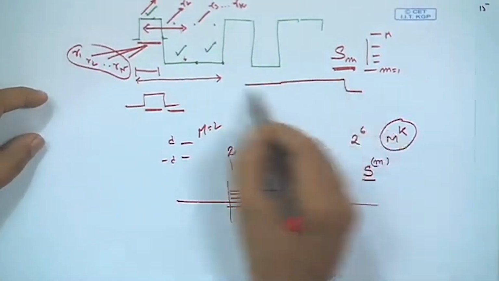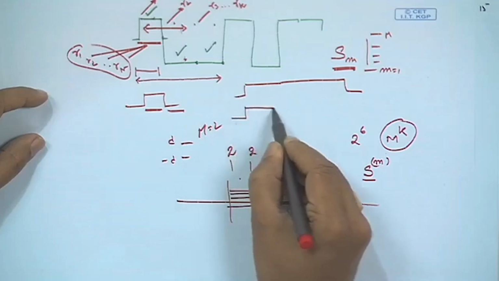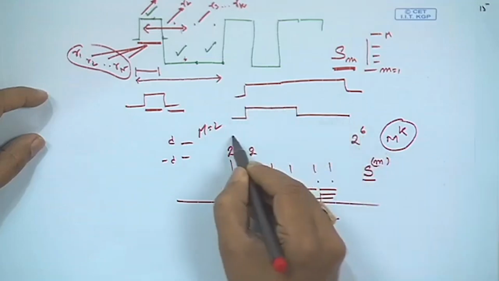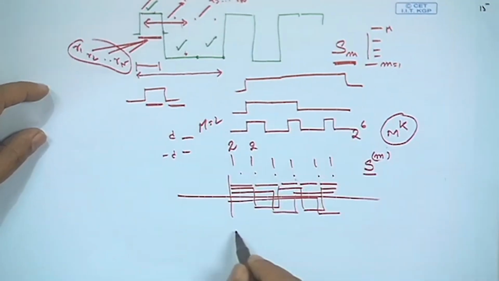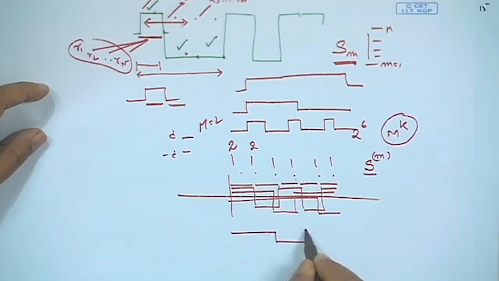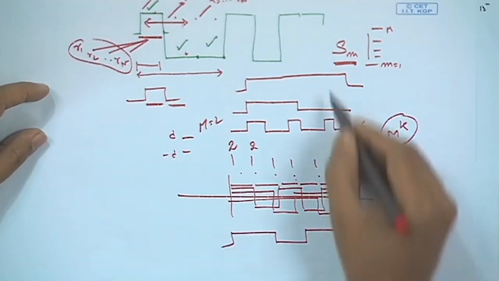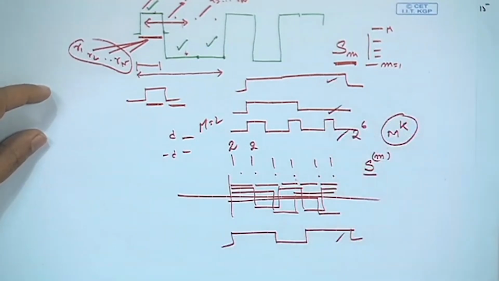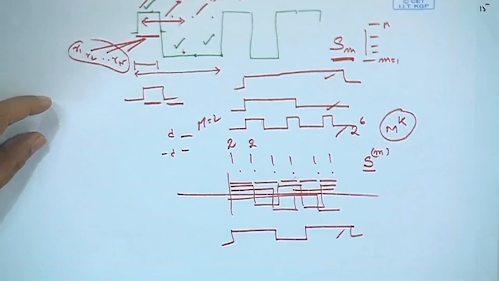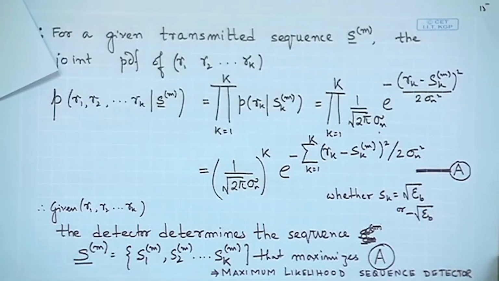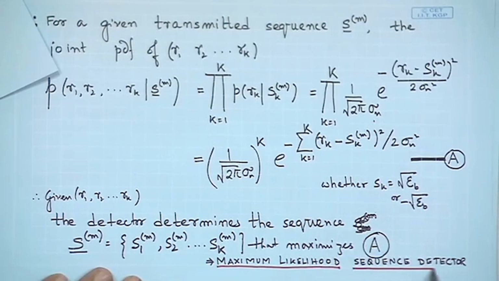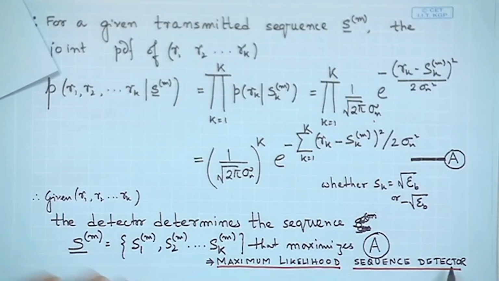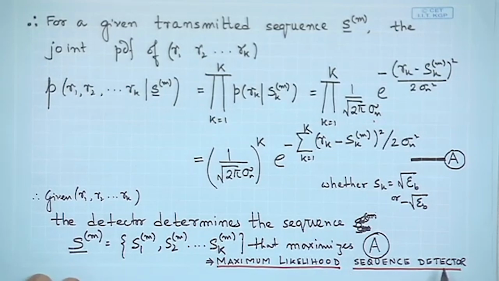One sequence could be all plus ones, one sequence could be like this, another sequence could be. The detector is trying to find out which of these sequences could have been sent, and hence this kind of receiver is known as the maximum likelihood sequence detector. So, it is not just the maximum likelihood detector, it is the maximum likelihood sequence detector.